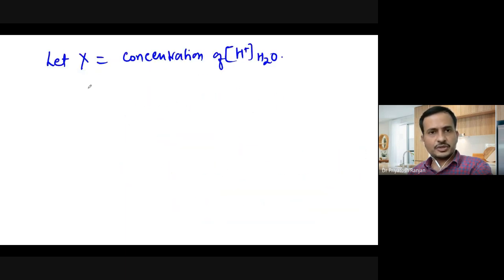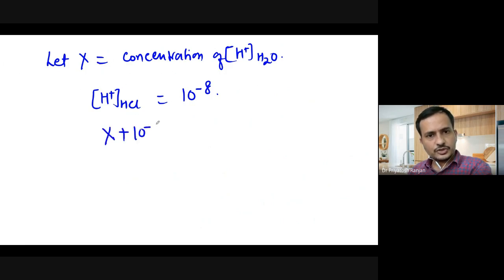It's 10 raised to the power minus 8. Now H plus coming from HCl is 10 raised to the power minus 8. Total concentration of hydrogen ion, what is that going to be? It is going to be X plus 10 raised to the power minus 8.